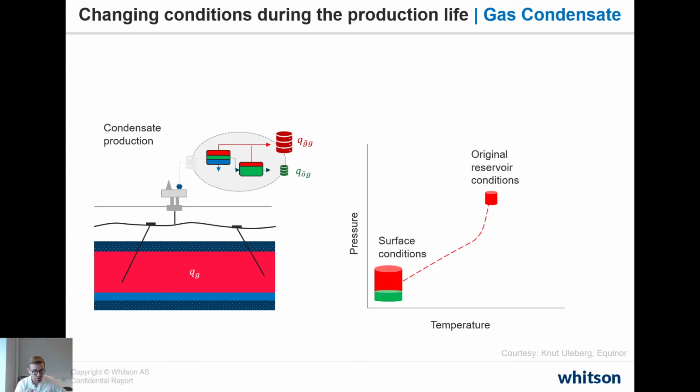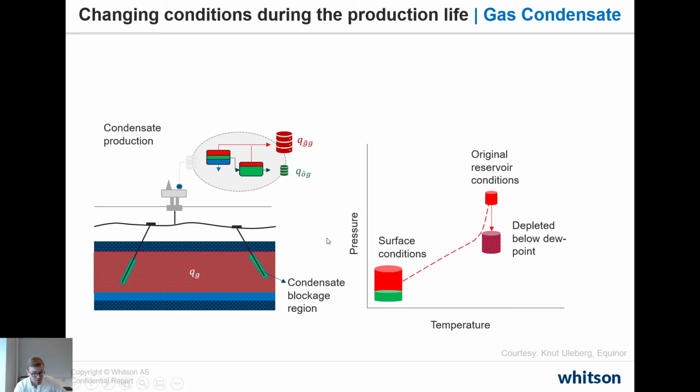The special thing about a gas condensate reservoir is that when we reduce the pressure with time, the pressure can reach what we call the dew point, and at the dew point, liquid drops, I guess, come out of solution and drop out from the gas, and we actually start to build an oil or a condensate saturation down in the reservoir.